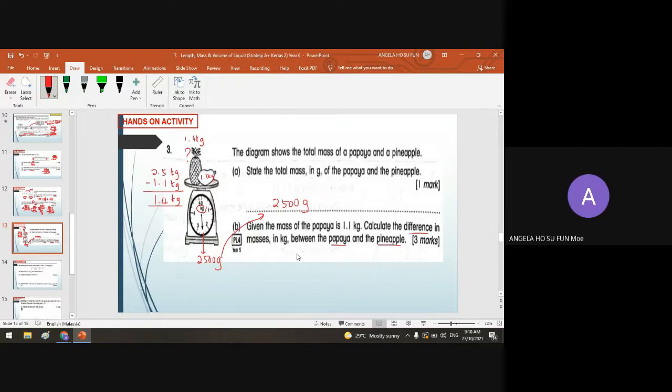The heaviest fruit minus the lightest fruit. Heaviest is the pineapple. The pineapple is 1.4 and the papaya is 1.1. So to find the difference, you minus, and because I want the answer in kilogram, I just leave the answer in kilogram. Pardon? 0.3 kg.